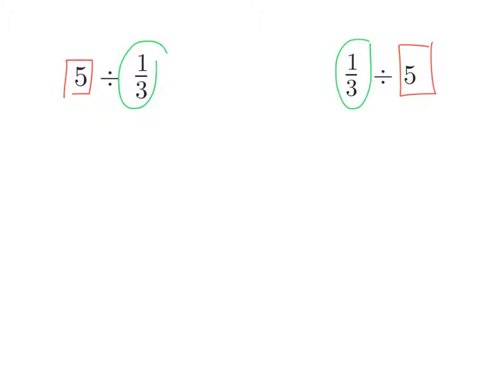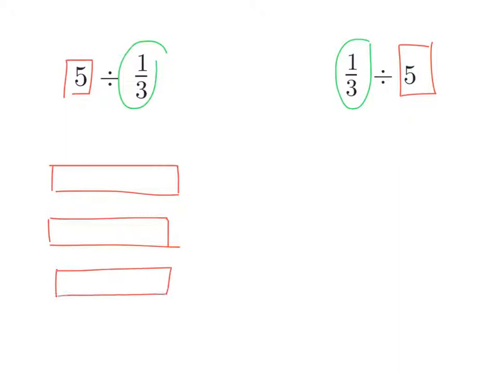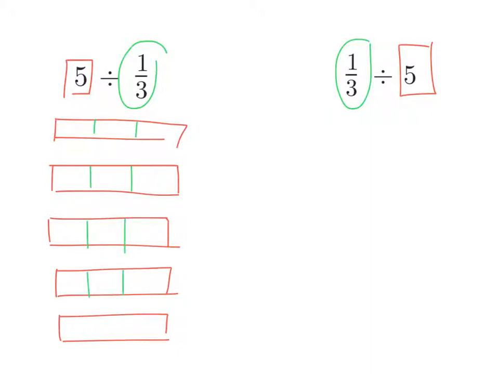So when we have a whole number divided by a unit fraction, if this is 1, how many wholes do we have? 5. Okay, I'm going to draw 5 wholes. And we want to divide each whole into what sized pieces? Thirds. So I want to divide each whole into thirds. There are how many thirds in one whole? 3.